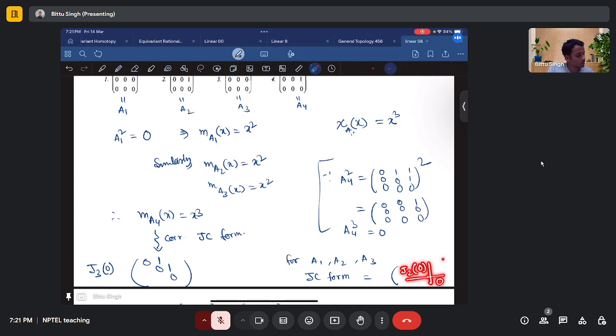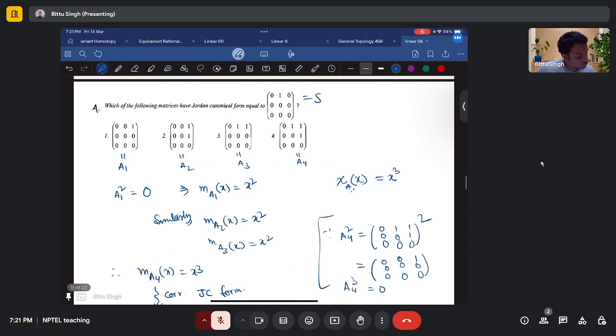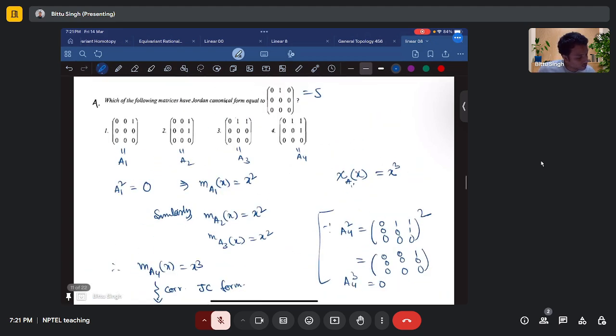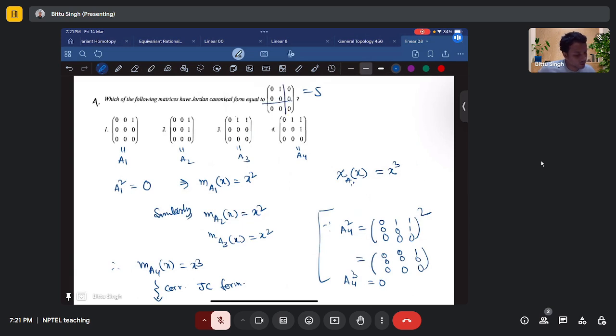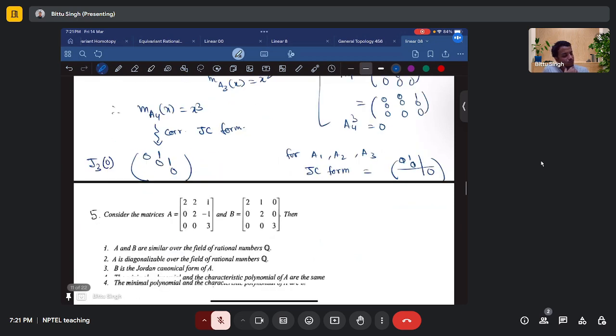So just put 0 here. Explicitly it will take this form. J2 of 0 means 0 0 on the diagonal and 1 just above the diagonal, and there is another block of size one. So from the options it is clear that this Jordan form appears for options 1, 2, 3, but this is not true for option 4.